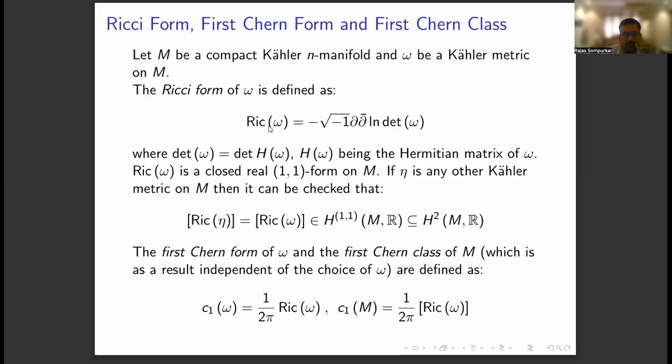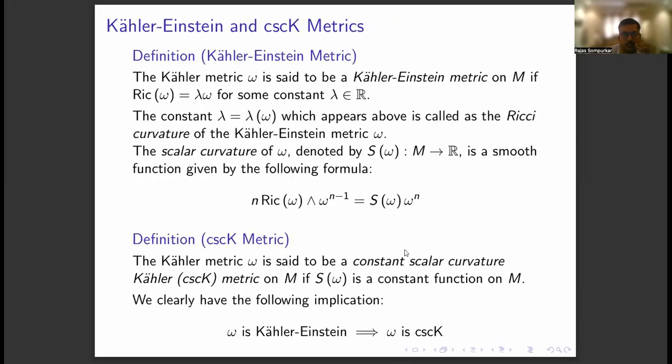So these are the notions of Ricci curvature form, first Chern form, and first Chern class of a compact Kähler manifold. Using these, we can define Kähler-Einstein and constant scalar curvature Kähler metrics.